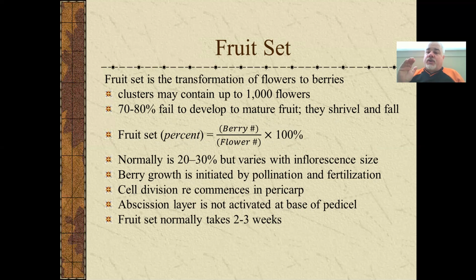When the temperature and other conditions are right, the abscission layer will form and complete. The leaves will turn red or yellow or orange as they're being stripped of nutrients. Once the nutrients are stripped, the abscission layer finishes and the leaf falls off. Same process. So this process of fruit set after fertilization is about a 2 or 3 week process.